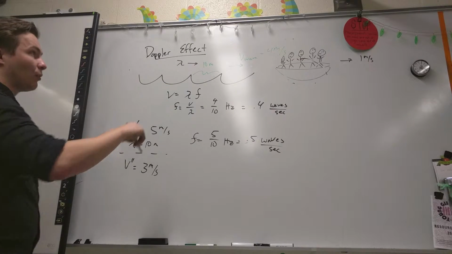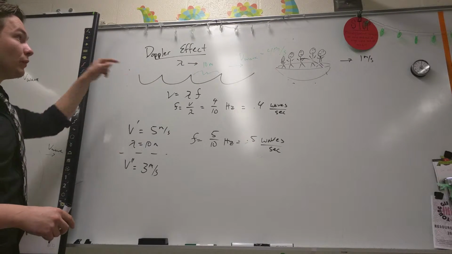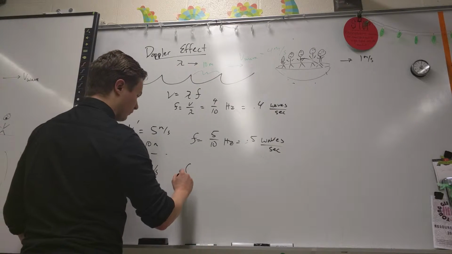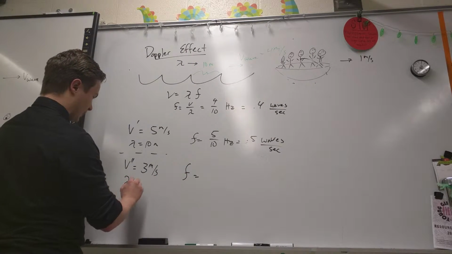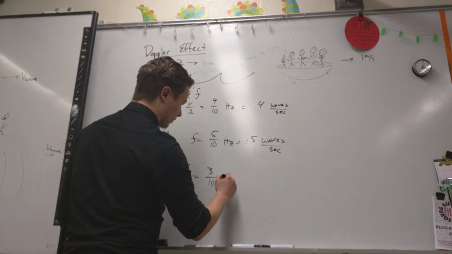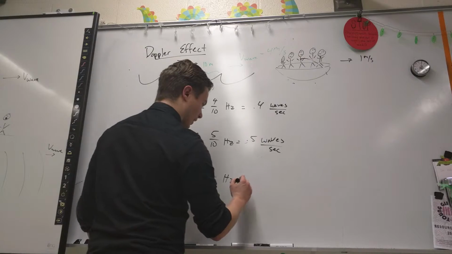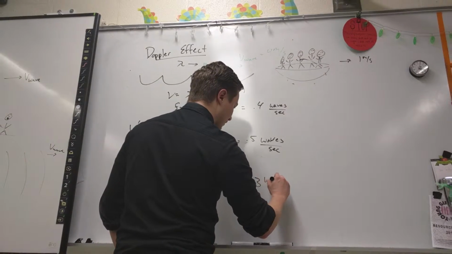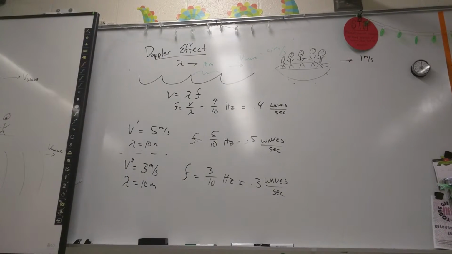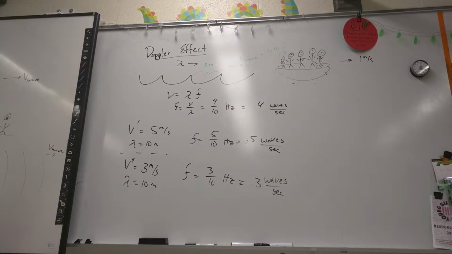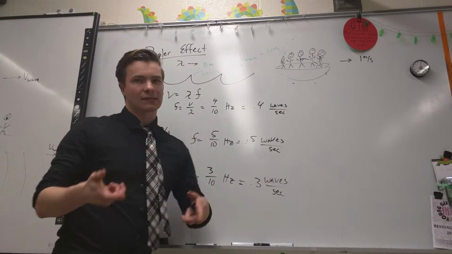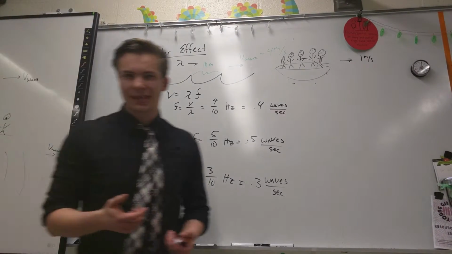So if you're traveling that way, the wave itself looks like it's moving 3 meters per second towards you, meaning that the frequency for the same given wavelength would be 3 over 10 hertz. And that makes sense physically, that you would be hit with a wave less frequently if you're heading away from the wave.